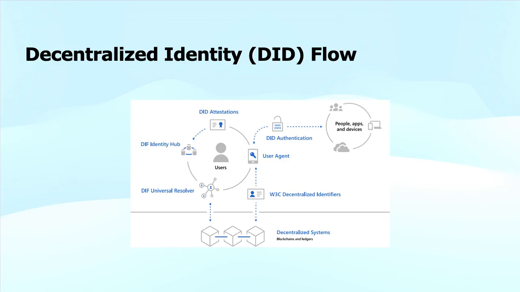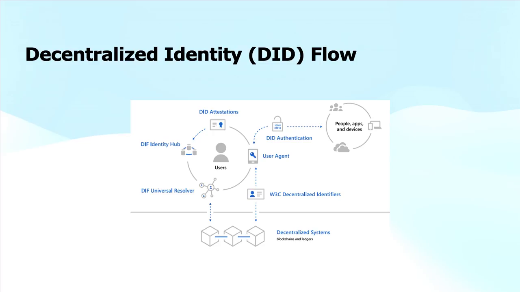Next is the DIF Universal Resolver, a server that utilizes a collection of DID drivers to provide a standard means of resolution for DIDs across implementations and decentralized systems. The server also returns the DID document object, DDO, that encapsulates DPKI metadata associated with a DID.